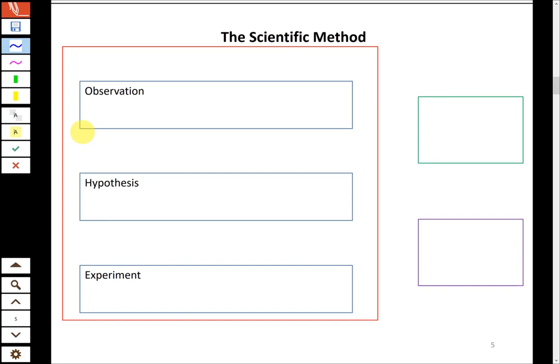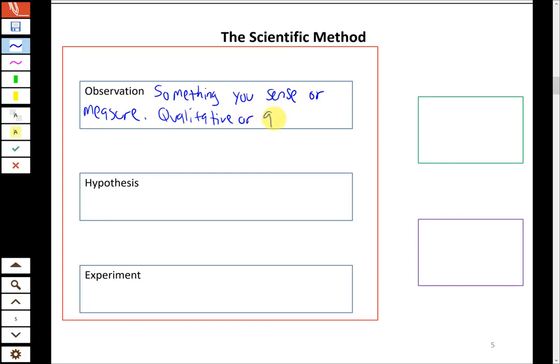So the first is an observation. As a simple definition, this is something that you sense or measure. And there's sort of two types of observations, qualitative and quantitative. We want to understand a little bit about the difference between those.